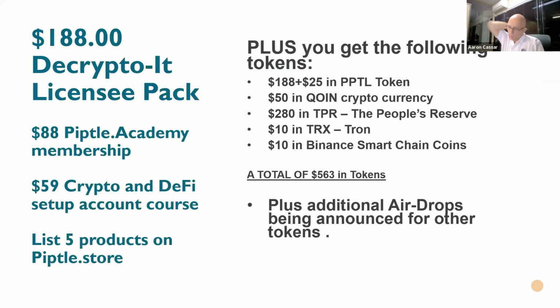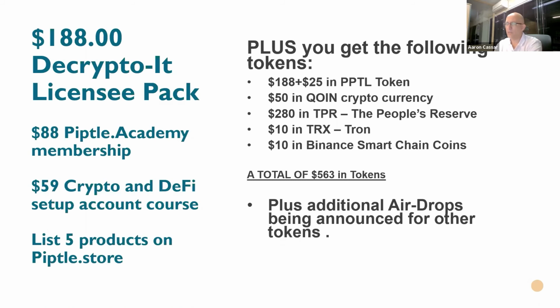All right. So we do have a $188 package that we're going to be launching. It's not officially launched yet. We've been doing all the videos to support it so people can easily learn about the different products and then download the wallets so they can get their bonus cryptocurrencies issued by our partners. So for $188, what will happen is they'll get close to $563 in tokens.